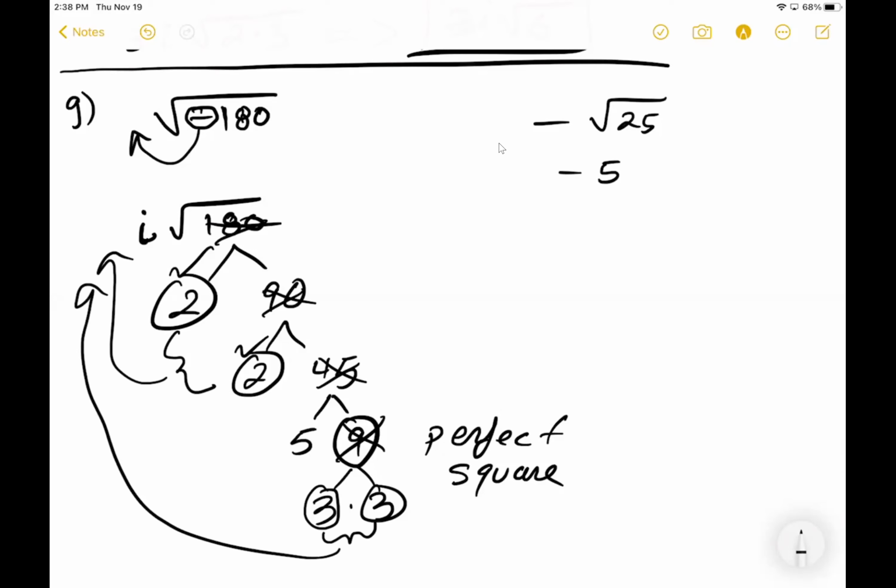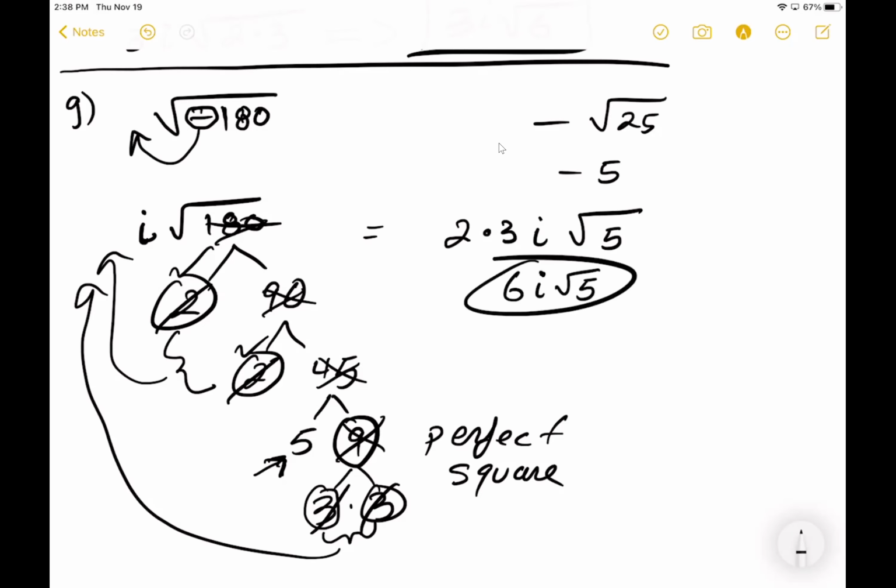If I bring a 2 and a 3 to the outside, what is the leftover? The leftover is just a lonely 5. So this is i square root of 5, and that is your answer, ladies and gentlemen.